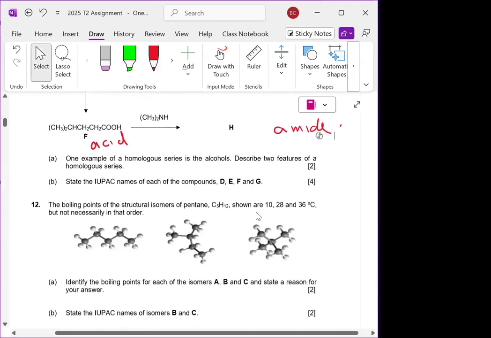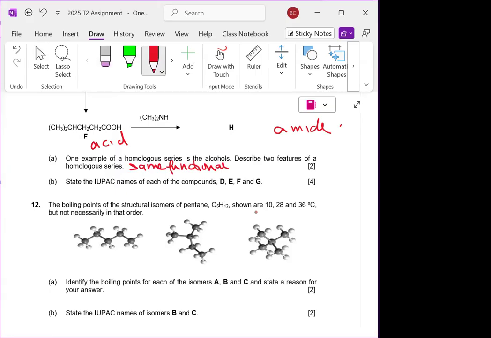One example of homologous series is alcohol. Describe 2 features. So the 2 features is that they have the same functional group. Or you can say that they have similar chemical properties because of the same functional group, and they have different physical properties because of the increasing CH2 unit.